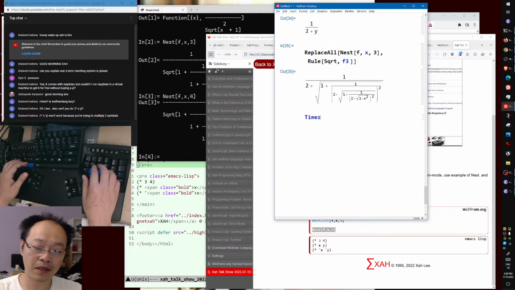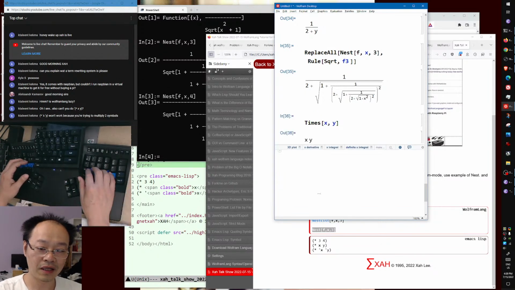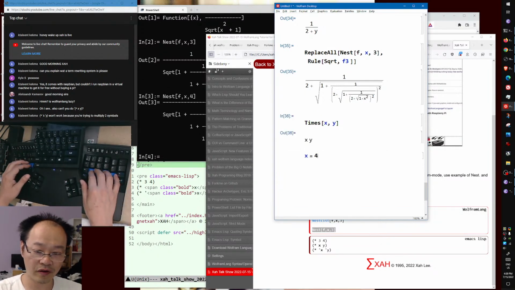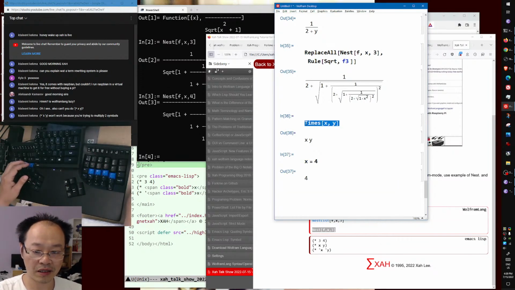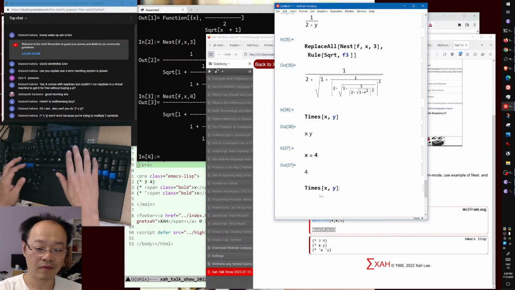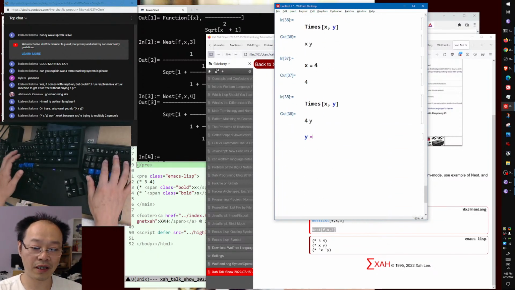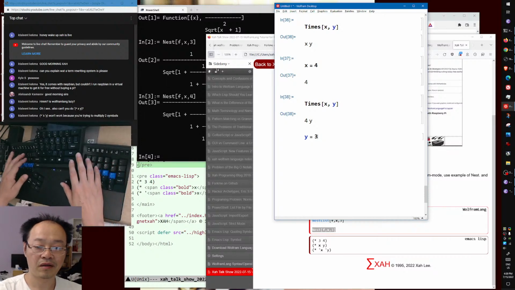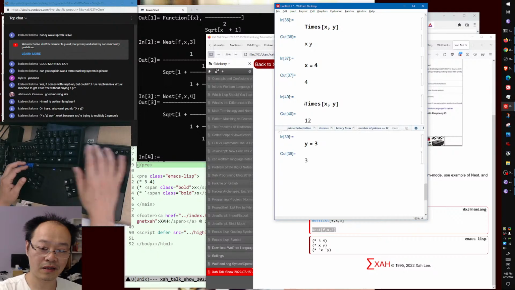Okay, so let me demonstrate this. This is easy to demonstrate. Times x, y, okay? So you see, now if you say x equals 4, then you re-evaluate times x, y. So now it becomes 4y. And if you say y equals 3, and then you re-evaluate this, you got 12.